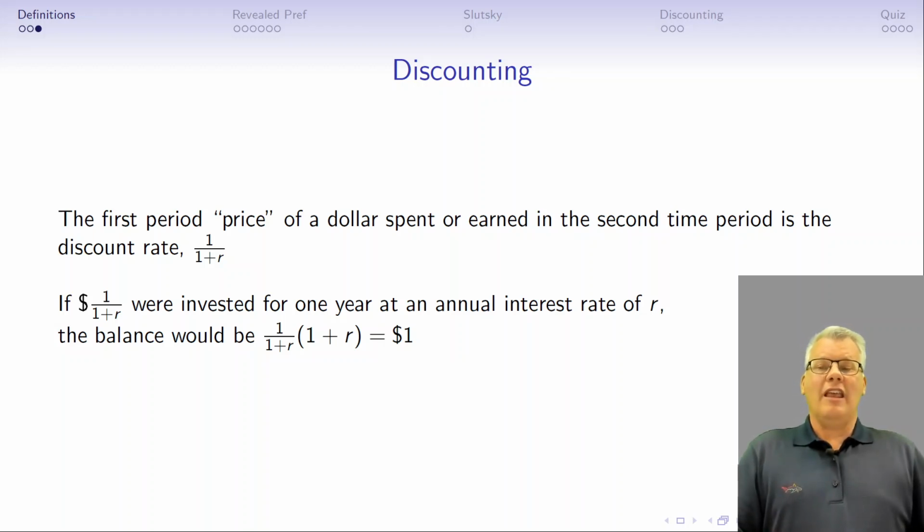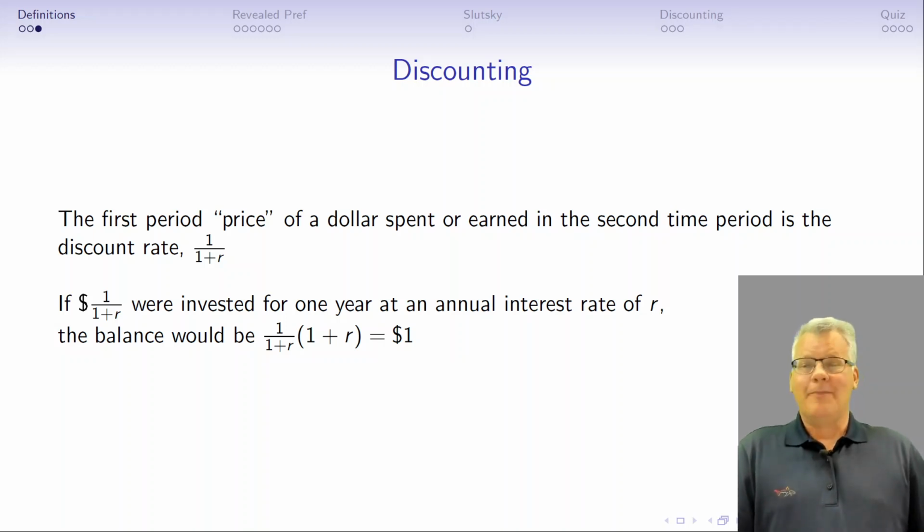you could think, if I invested the amount 1 over 1 plus R for one time period and received an interest rate of R, at the end of that first year, I received my principal back, which is 1 over 1 plus R, and then I would receive the interest earned, which would be R over 1 plus R. I combine those together, and I would get 1 plus R divided by 1 plus R, which would be 1.